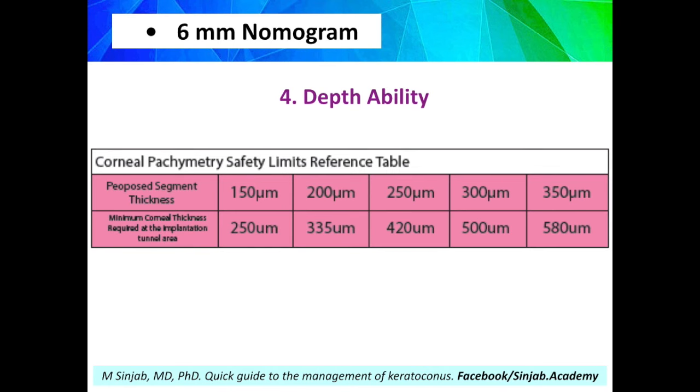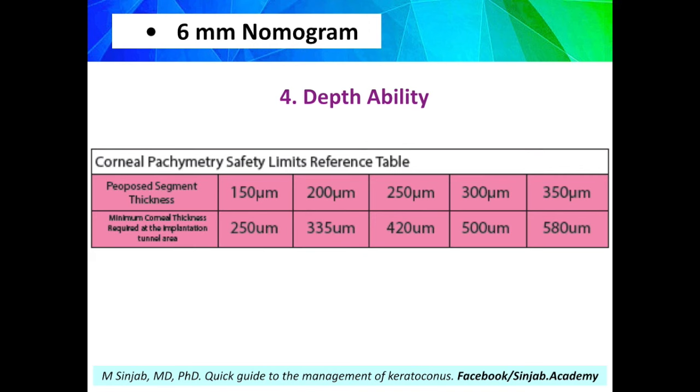Regarding depth ability, if we are planning to use the 5 mm type and we came to the ability of depth and we found that the depth is not sufficient at the site of the 5 mm type, in this case, either we reduce the thickness of the segment and keep it 5 mm type, and this will be on the account of the spherical correction.